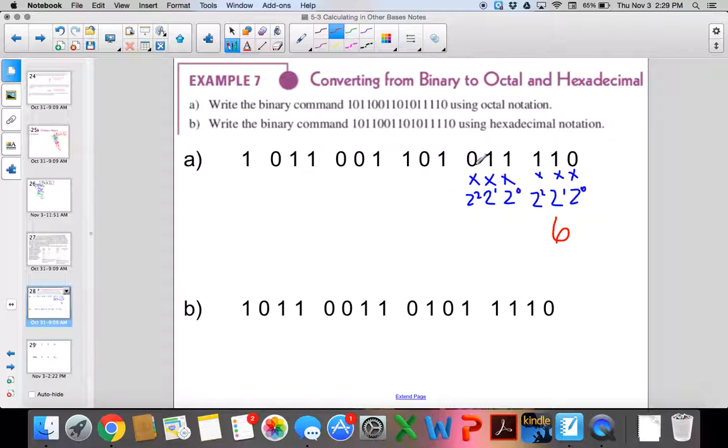And 0 plus 2 plus 1 is 3, and 4 plus 0 plus 1 is 5, and 0 plus 0 plus 1 is 1, and 0 plus 2 plus 1 is 3, and 1 is 1. And that is your base 8 or octal answer.